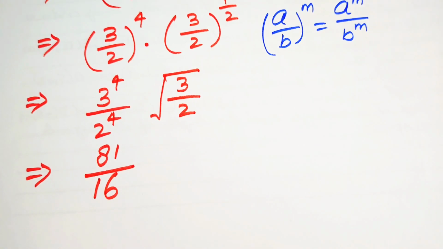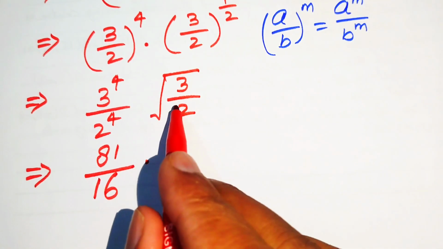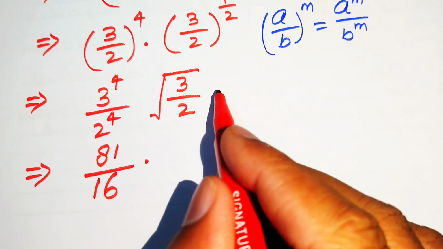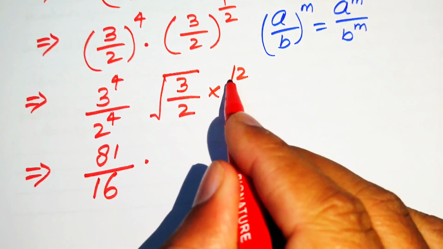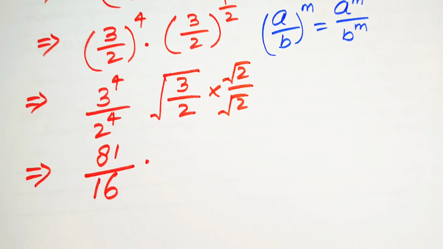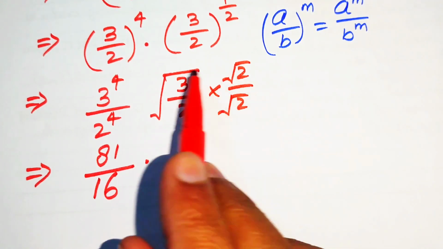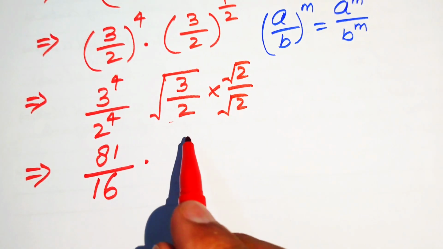Here you have the square root of 3 over 2, and we simplify this term by multiplying by the square root of 2 divided by the square root of 2. We use the radical law and combine the square roots of these two terms, and the square roots of these two terms as well.